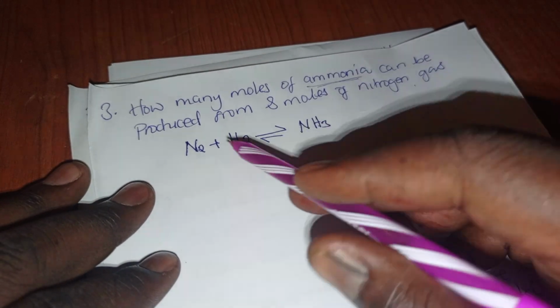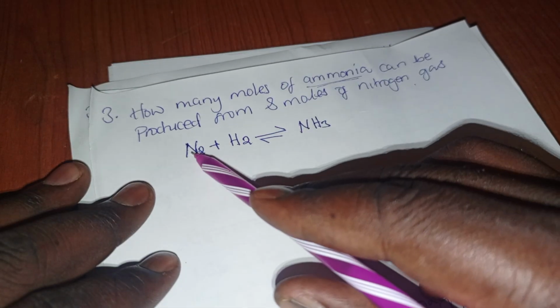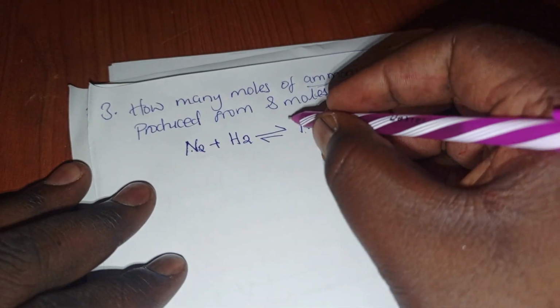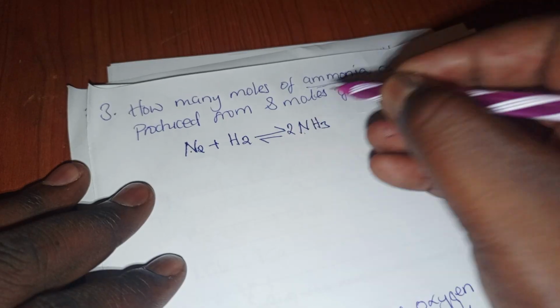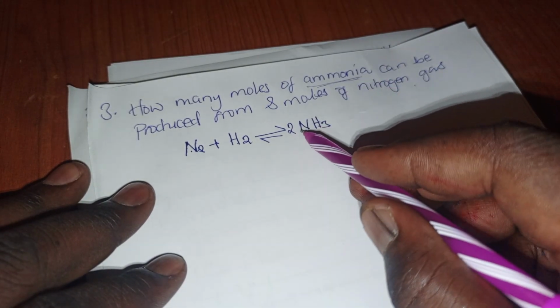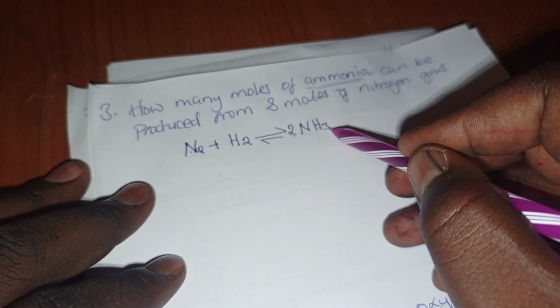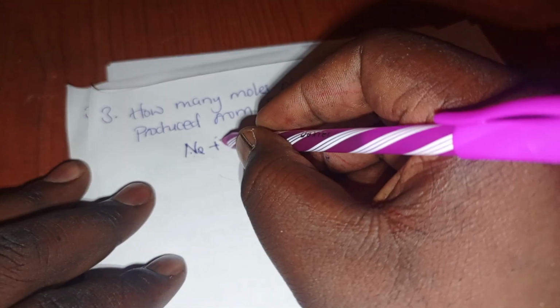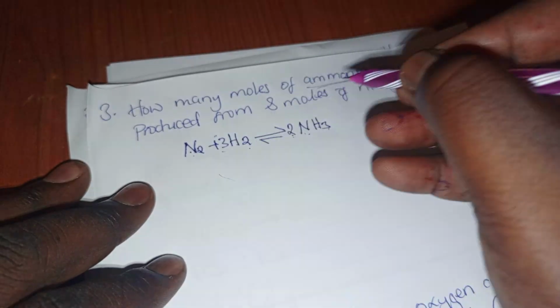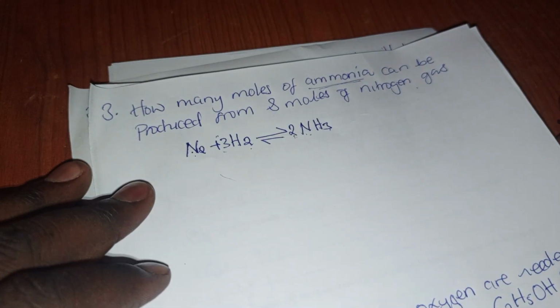Nitrogen here we have 2, here we have 1, so we put a 2. You're trying to balance the equation first. Then 2 nitrogen, 2 nitrogen. Then hydrogen 2 times 3 is 6, so I'll put a 3 here so that 3 times 2 is also 6. So it's a balanced equation now.